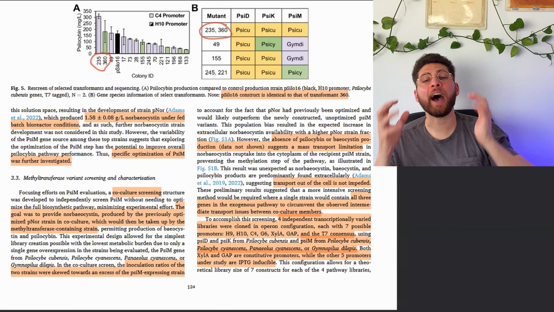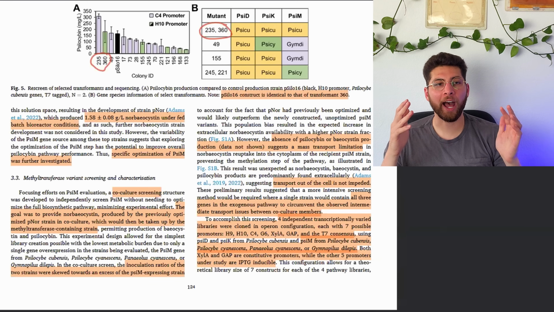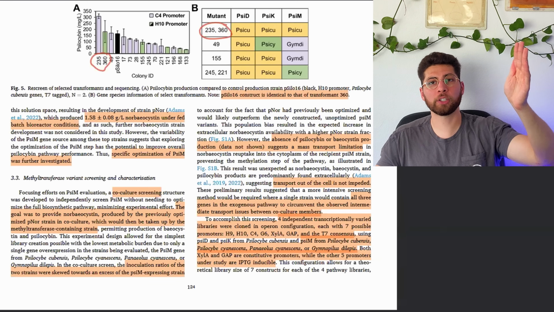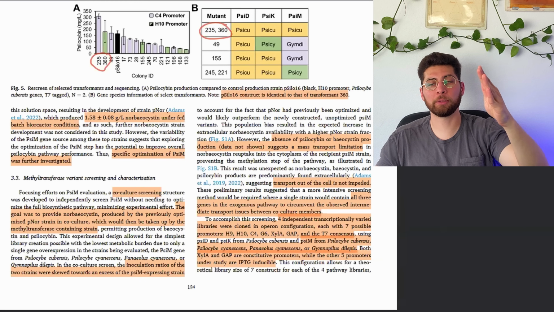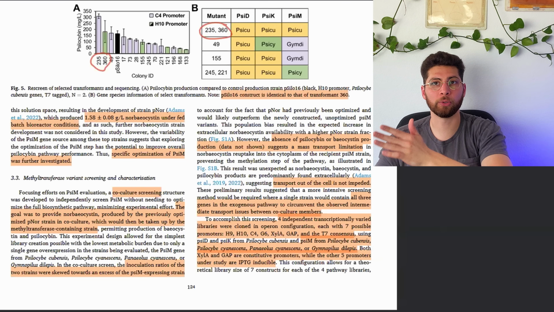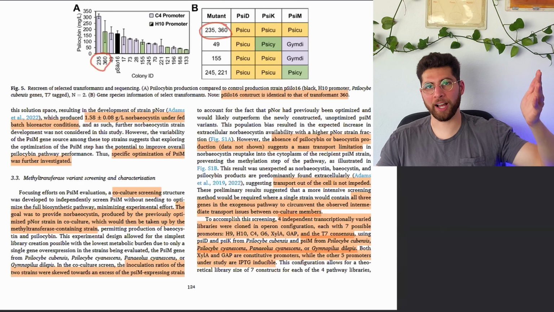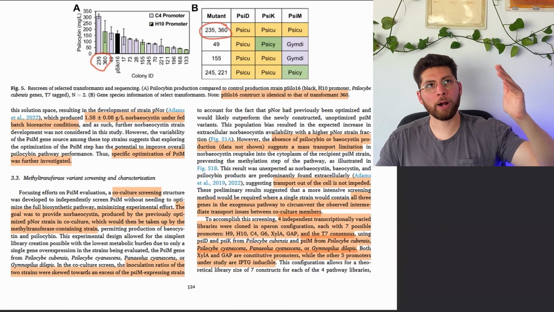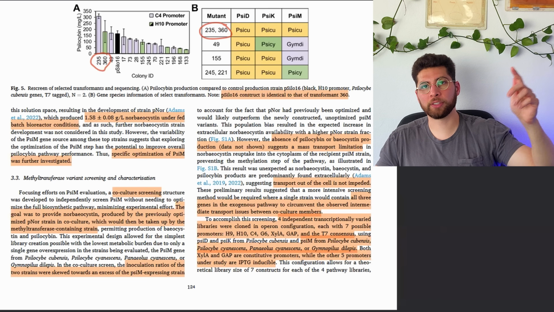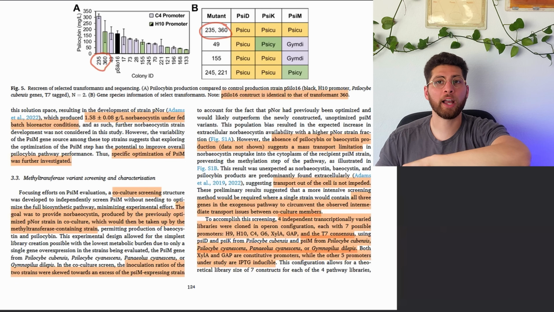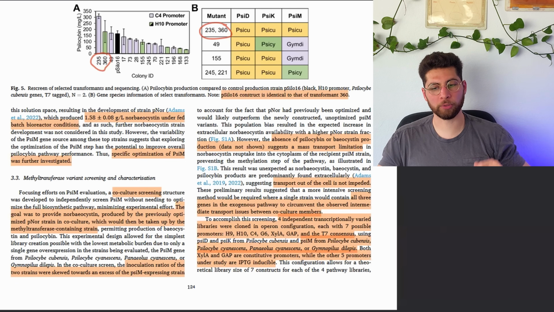So what's happening in this co-culture, what they were hoping would happen is that they have one strain producing norbaeocystin, it goes into the media, and then it goes into the mutant Psi-M strain, and then it's converted to psilocybin. But what they found was there's probably some limitation either of norbaeocystin going into the media, which is unlikely, or norbaeocystin going into the Psi-M E. coli cell, which is the most likely option.